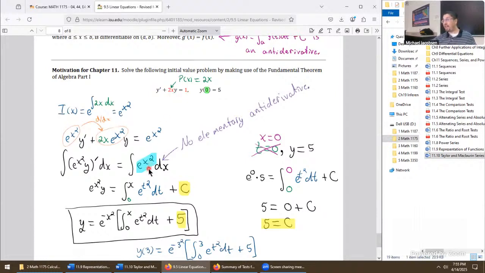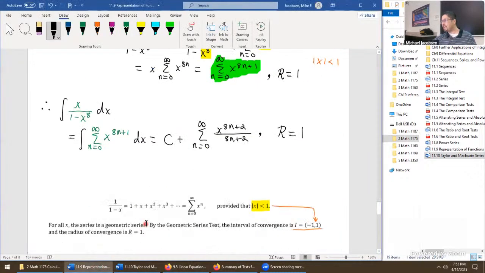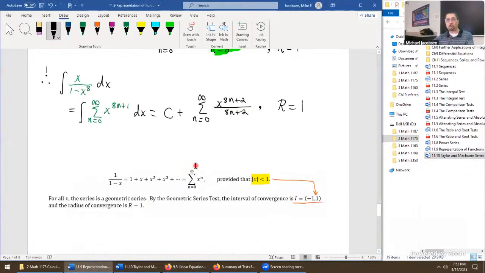But that came up: the antiderivative of e to the x squared. No elementary antiderivative whatsoever on this thing. But if we could come up with the Maclaurin series for e to the x, then we can use these same exact tricks. Feed the Maclaurin series for e to the x into the e to the x squared function to get a new representation.